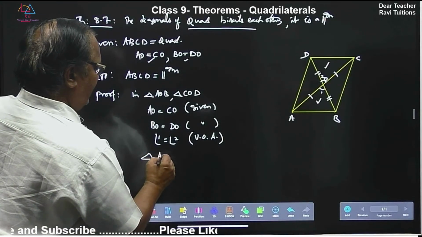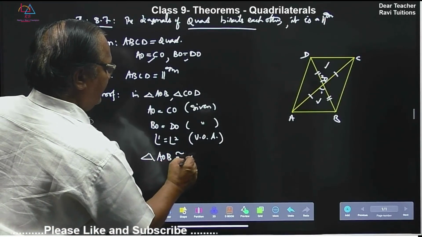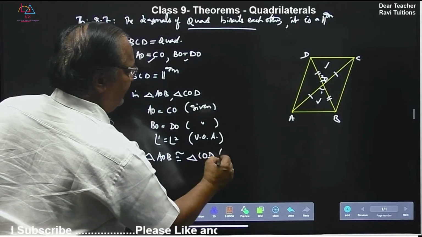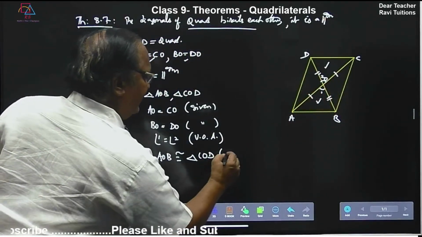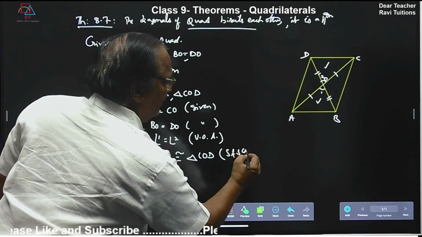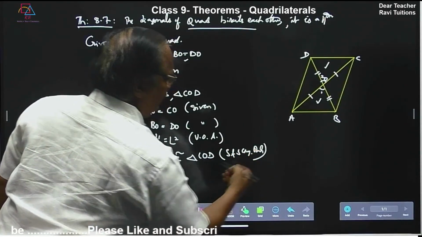Therefore, triangle AOB is congruent to triangle COD by the SAS congruency rule.